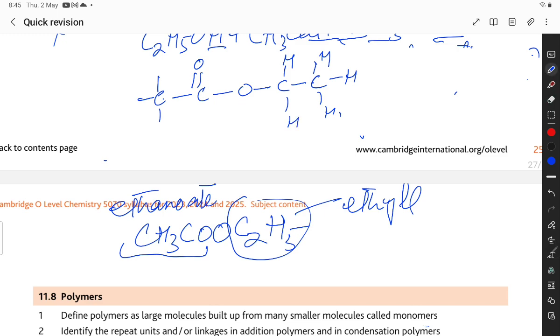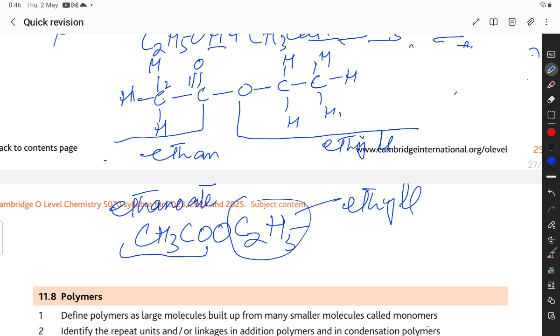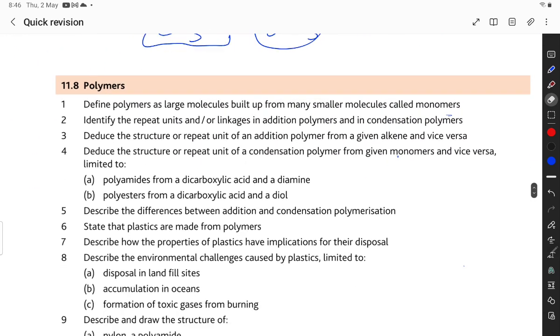From the O, this part is from ethanol, and this part is from the acid. So this is ethyl and this is ethanoate because of the 1 and 2 carbons. Write down ethyl first, so this is ethyl ethanoate.